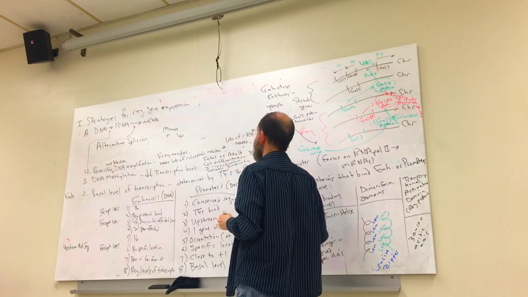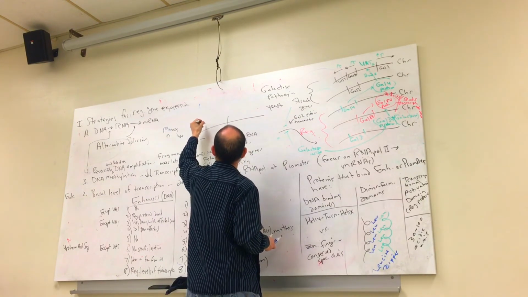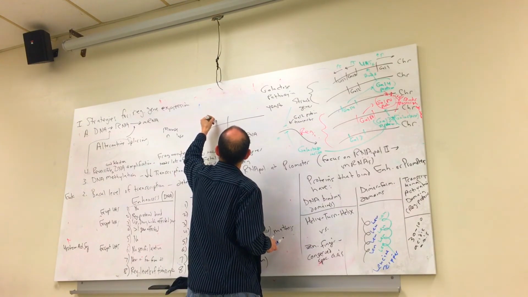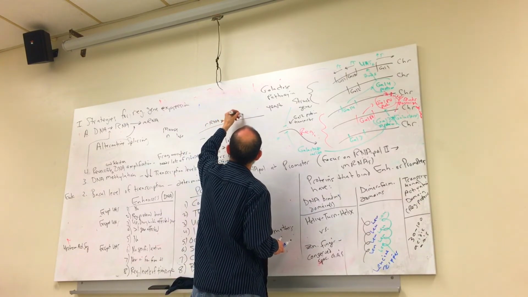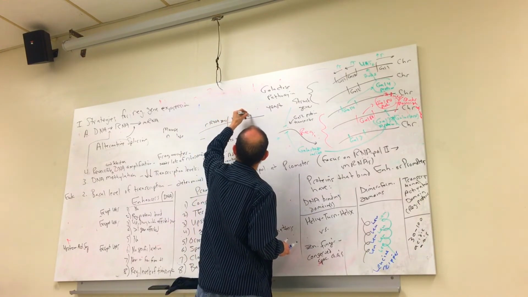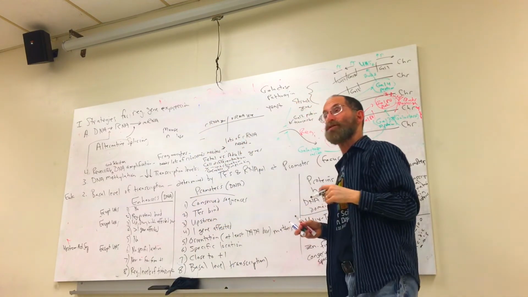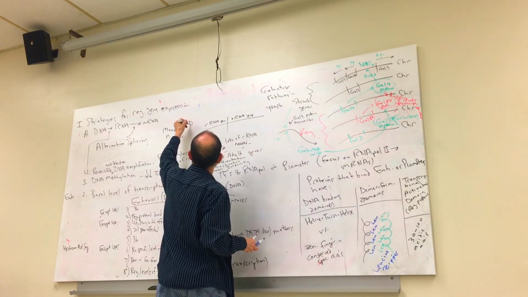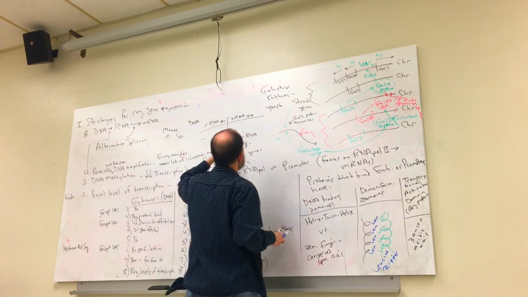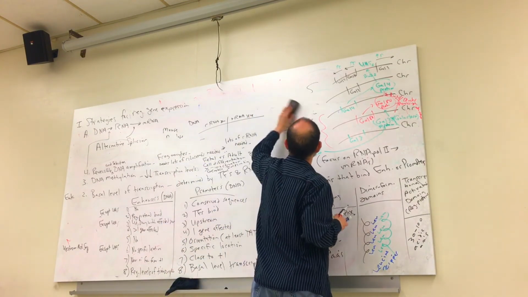The way that they do that is they take the region of DNA where there are ribosomal RNA genes, and they make lots of copies just of that region of DNA. So they increase the number of copies of the ribosomal RNA gene.